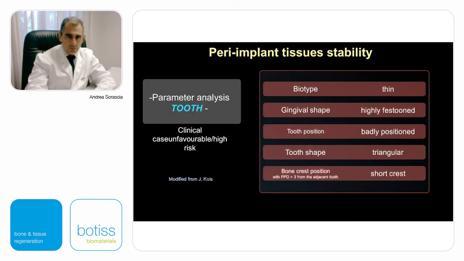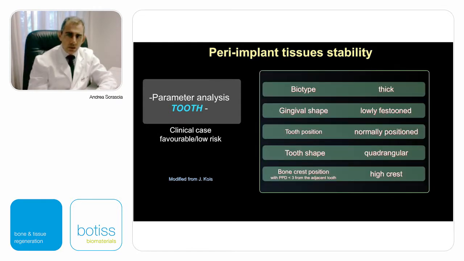And Kois teaches us that we have to consider risky patients, the patients with a thin biotype, with heavily festooned, badly positioned teeth, triangular-shaped teeth. Obviously, we can consider as low-risk clinical cases all the opposite cases, such as the thick biotype, lowly festooned gingival shape, and all other parameters.